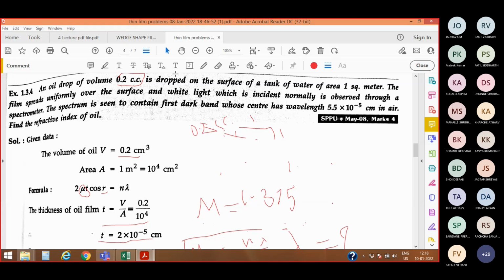Oil drop का volume आपको दिया है. Take this is your pond. Take this oil drop on this pond. Volume of the oil drop is कितना है? 0.2 cc.